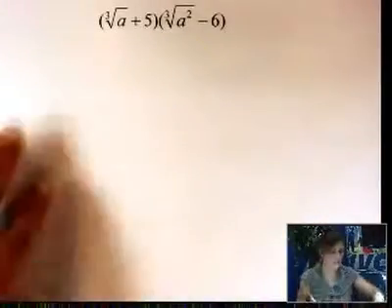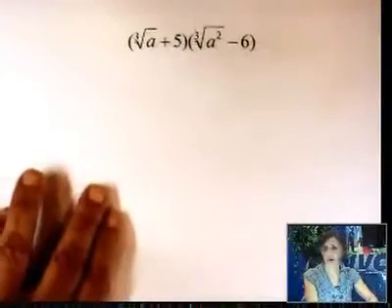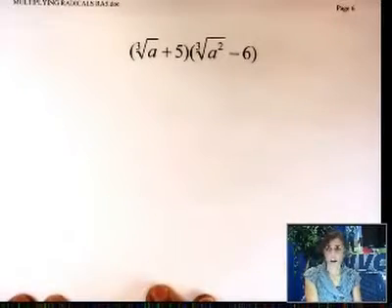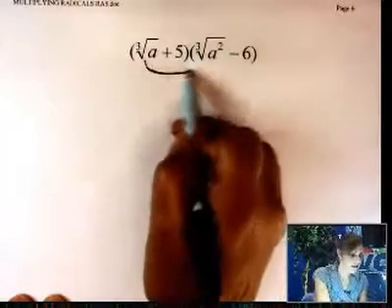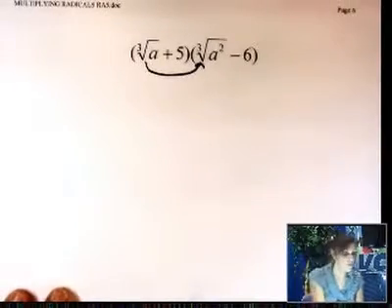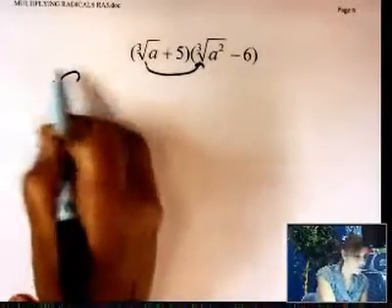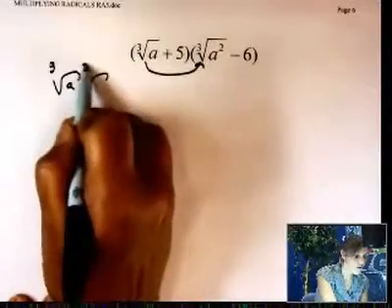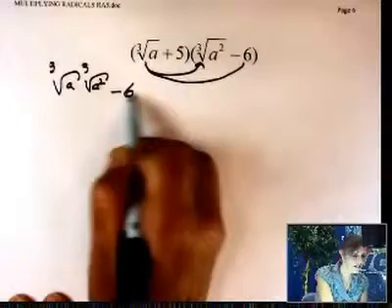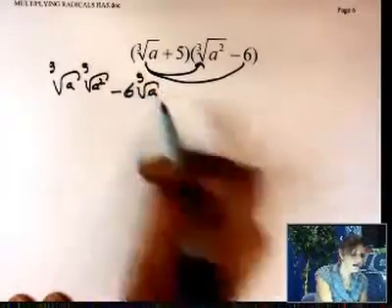Okay, the last example. How do I do this one? All right. Now, the index is not 2, so it's going to be a little bit different. So what do I have? The first one, cube root of a, cube root of a squared. The next one, negative 6, cube root of a.